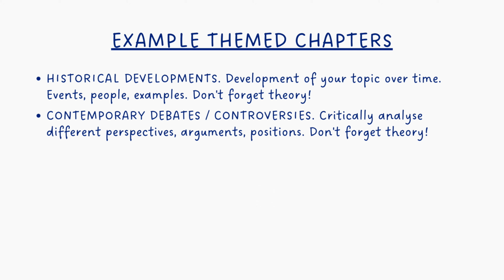Next up, you could include a chapter about contemporary debates or controversies. In this chapter, you could focus on a current debate or controversy, identify different perspectives, different arguments or schools of thought about it, present contrasting viewpoints and analyse the reasons behind the disagreements. So why are people disagreeing about these things?